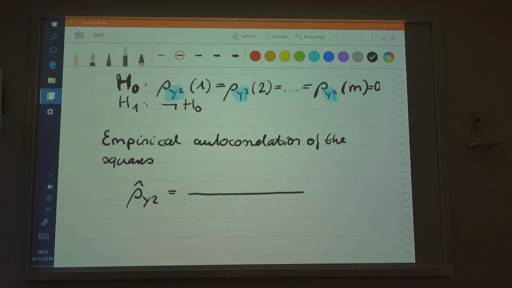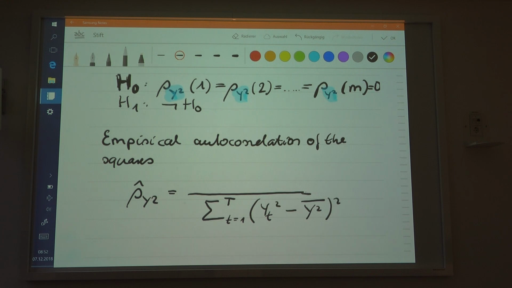Basically, you replace the theoretical one with the sample analog. You leave out the means and just have the sum. Below you have T times the variance, so you have y_t squared minus y squared bar, which is the mean.